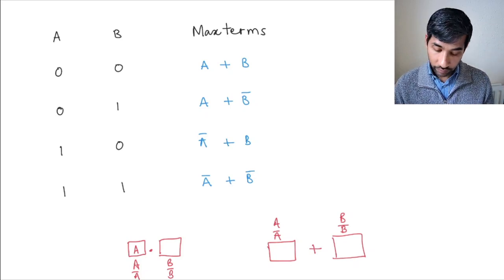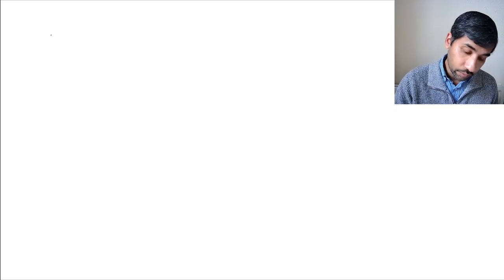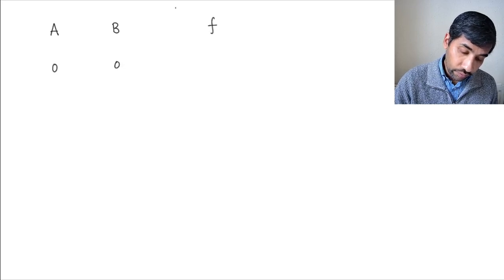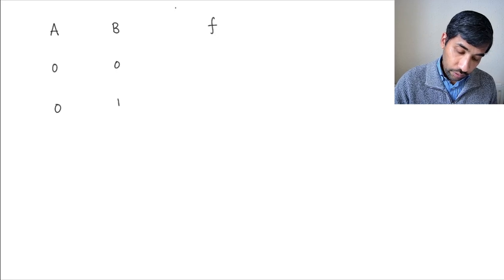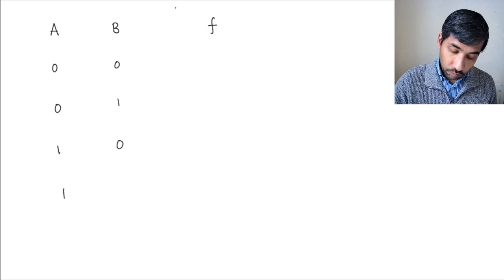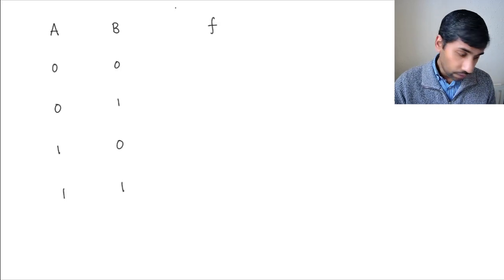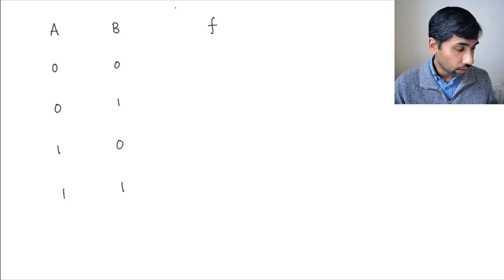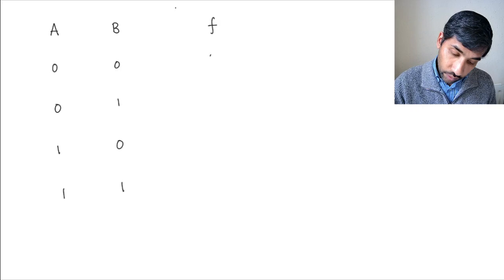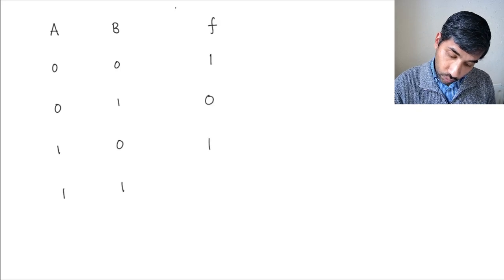So let's write a truth table, the same truth table that we wrote for the min terms. You have A, B, and F. You have four combinations of the inputs, because you have only two inputs, so 2 to the power 2 combinations, and F is going to be 1 0 1 1.